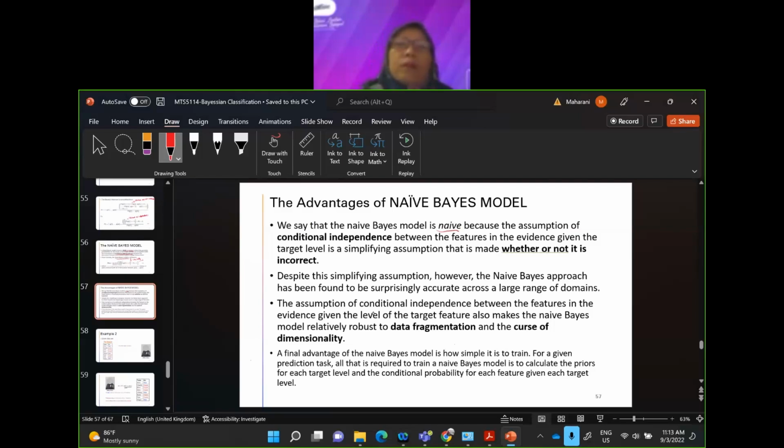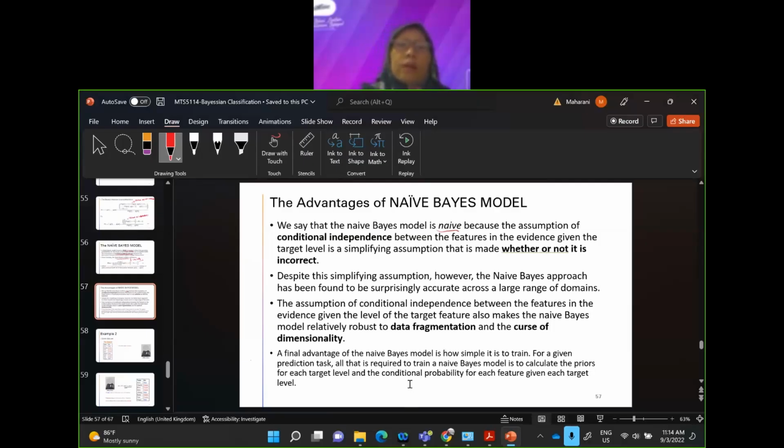Despite this simplifying assumption, however, the naive Bayes approach has been found to be surprisingly accurate across a large range of domains. That's why people still explore naive Bayes, because of the accurate prediction we have so far. And this is another advantage, you can just read it.